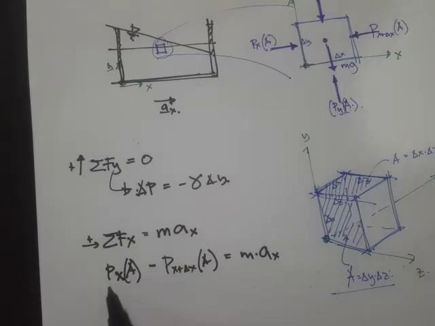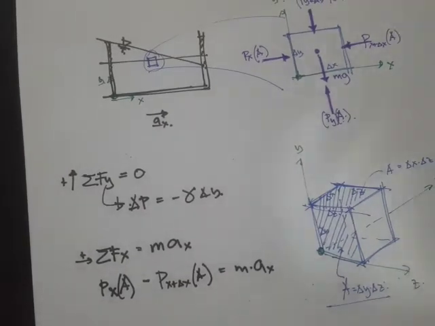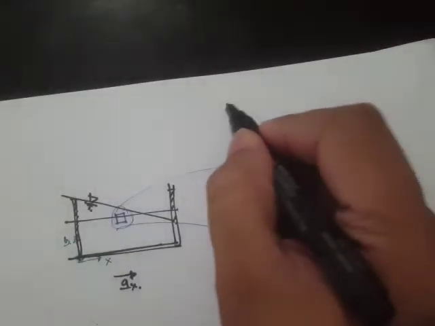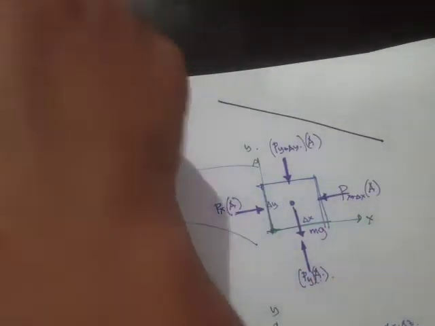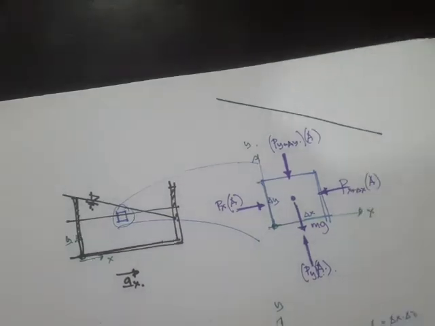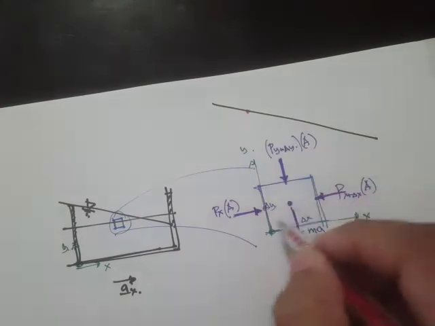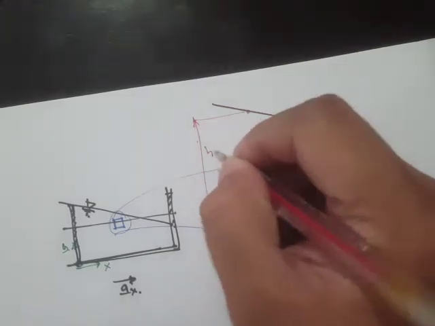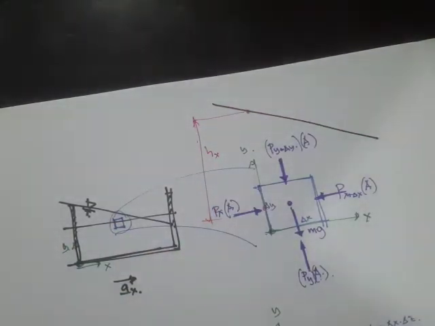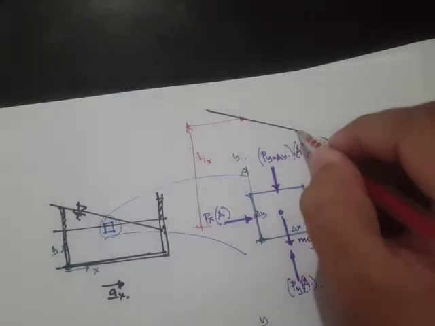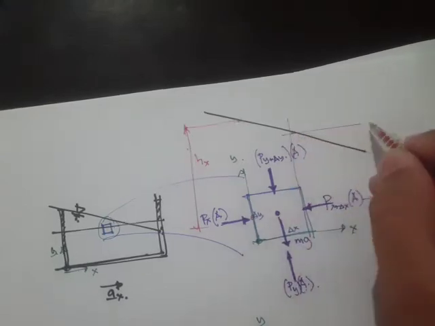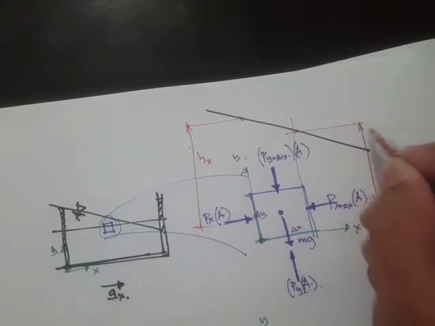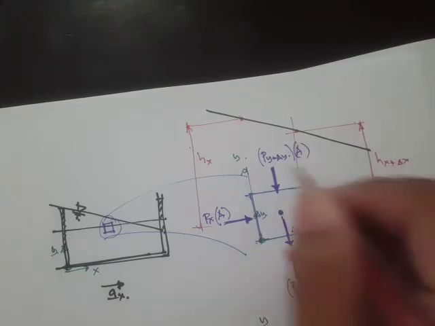So what is the pressure at x? If this is our tilted line, the height from the free surface to this point is what we call, let's say, h x, and the distance from the free surface to here is h x plus delta x.